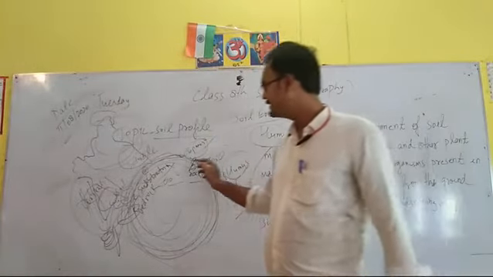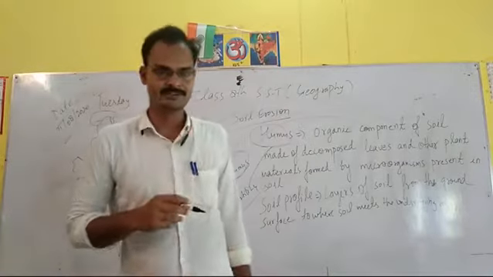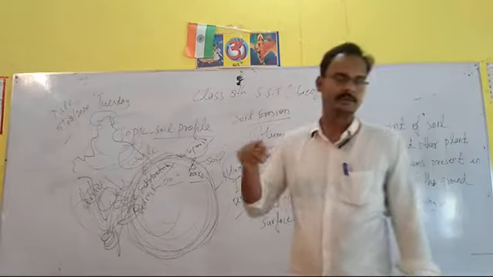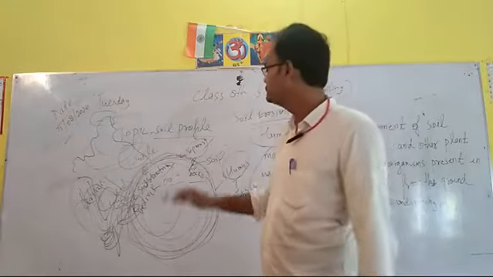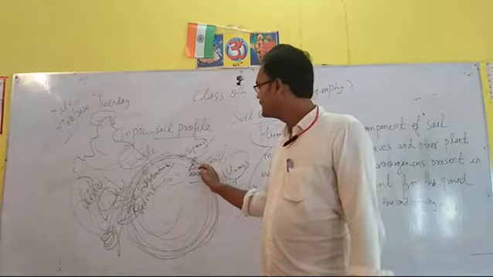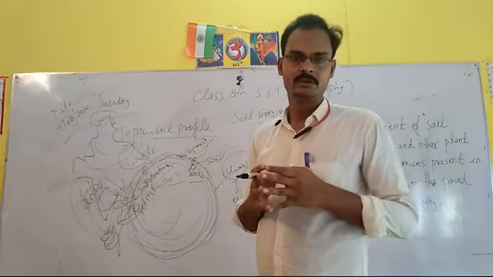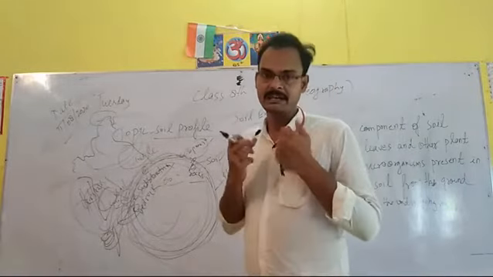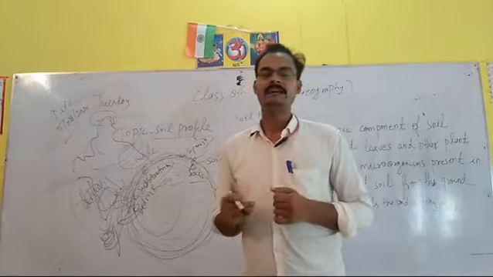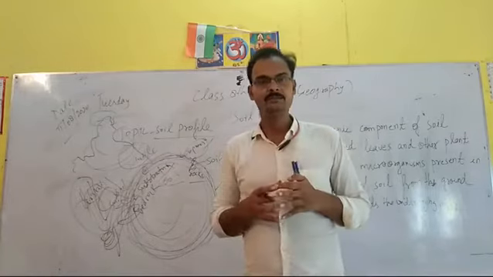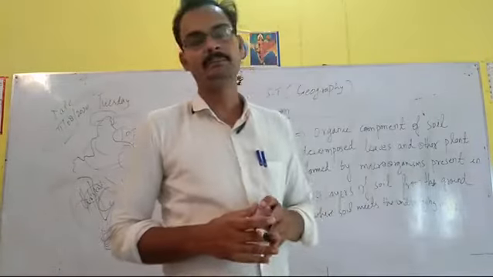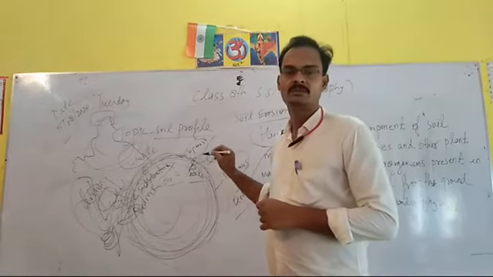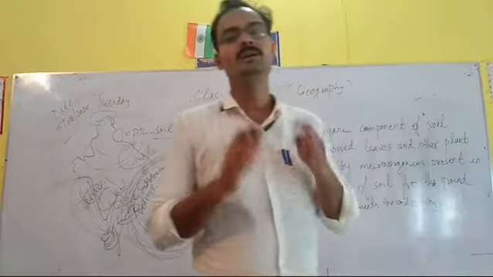So if there is removal of the top layer of soil, that means soil erosion. And if soil erosion happens, the firmness and the gripping of the roots of plants decreases, and by that the other nearby plants grow weak, and the soil erodes more.